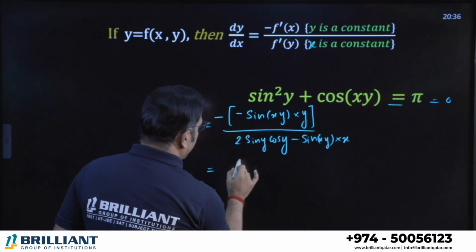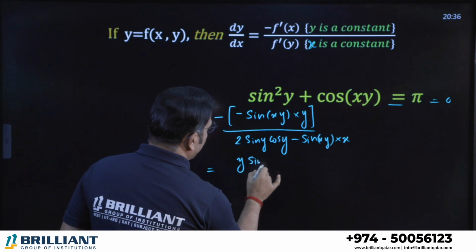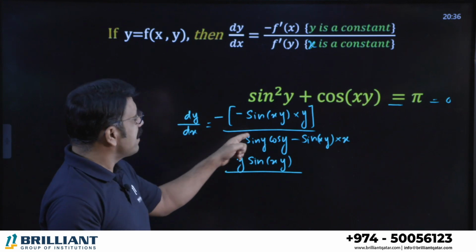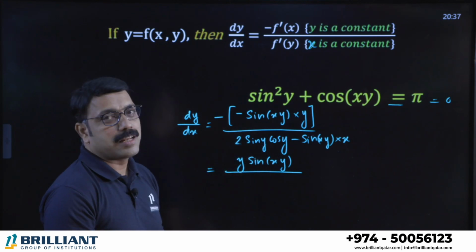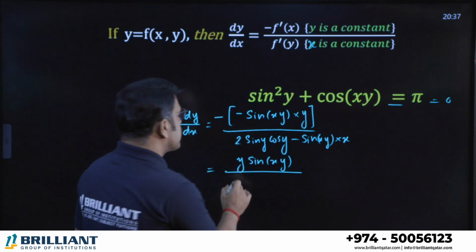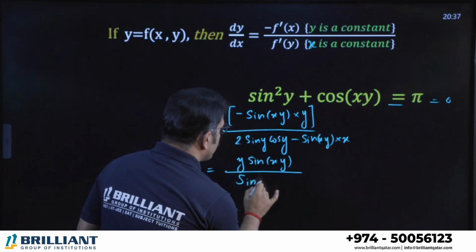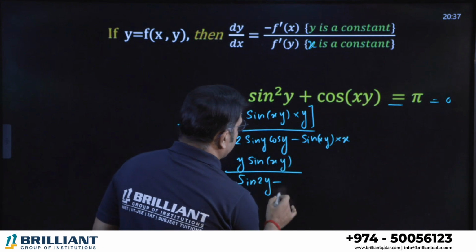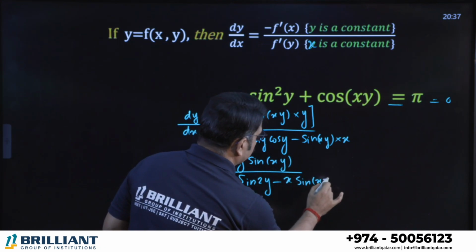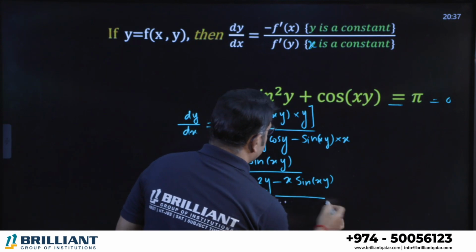Minus of minus, plus y sine of xy, divided by 2 sine a cos a, that means sine 2a. 2 sine y cos y equals sine 2y. Sine 2y, minus x we can write first: x into sine of xy. This is the last answer.